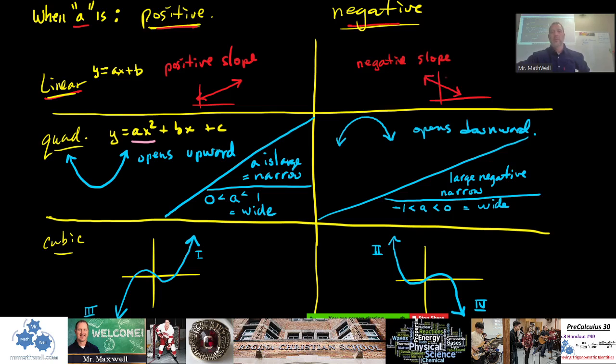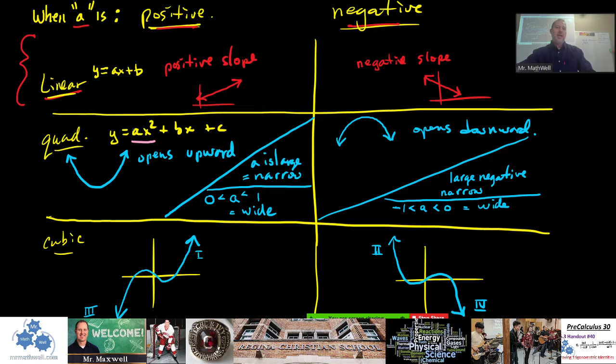And a negative slope, think about it going downhill from left to right. Negative, it's going down. Left to right is how we read, so that's a good thing to remember. Just go left to right and it's going down. Okay? So that's how a affects the linear function. We talked about this already.